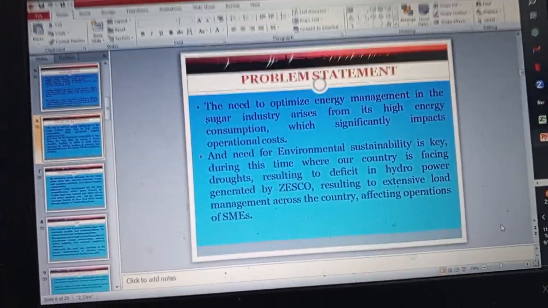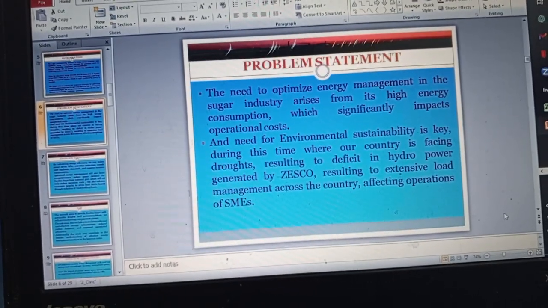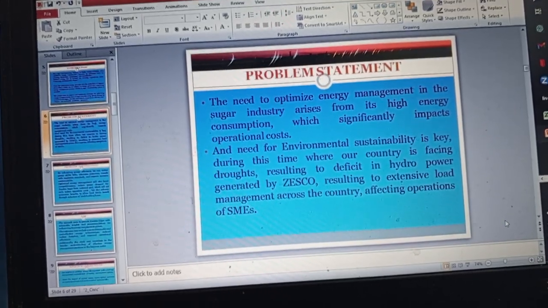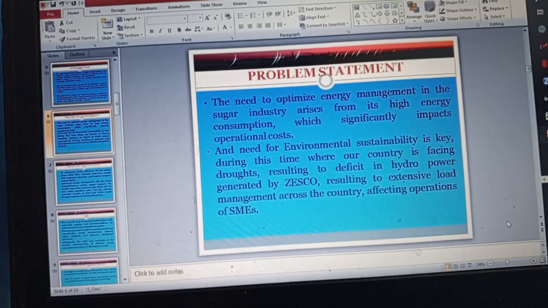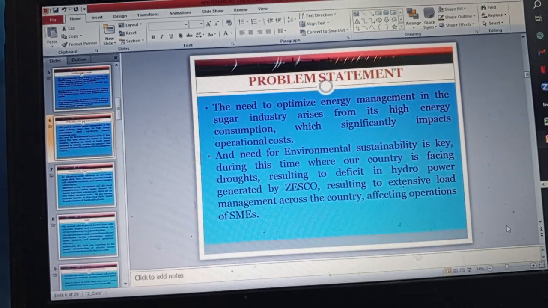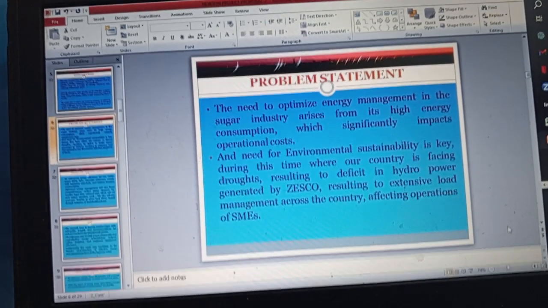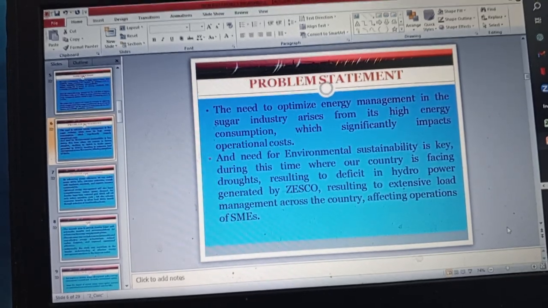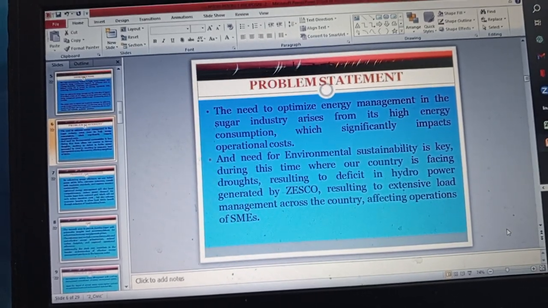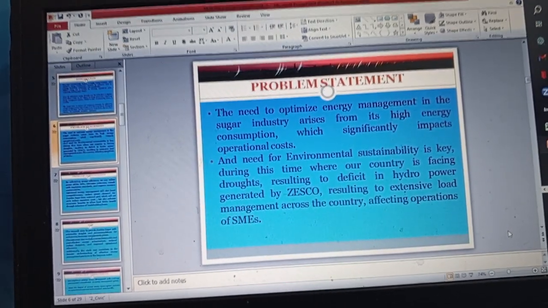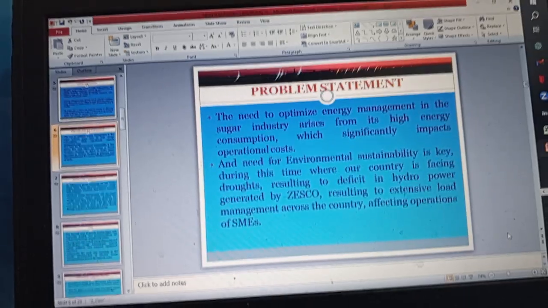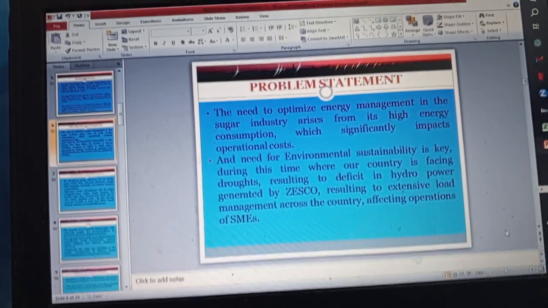The problem statement for my project is the need to optimize energy management in the sugar industry arises from its high energy consumption, which significantly impacts operation costs, and the need for environmental sustainability is key at this time, where our country is facing droughts resulting in a deficit in hydropower generated by ZESCO, which is also resulting in extensive load management across the country, affecting operations of small enterprises.